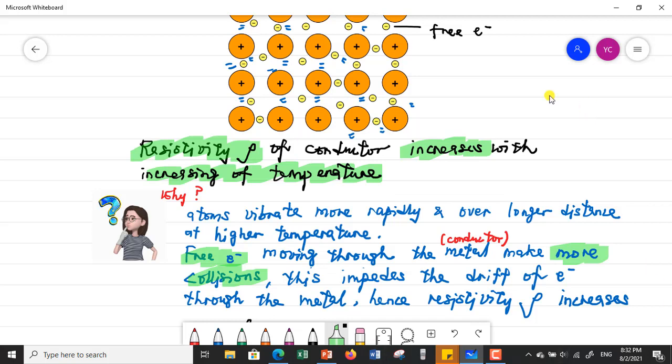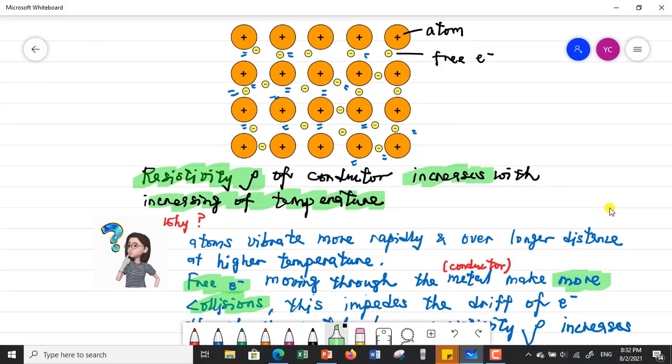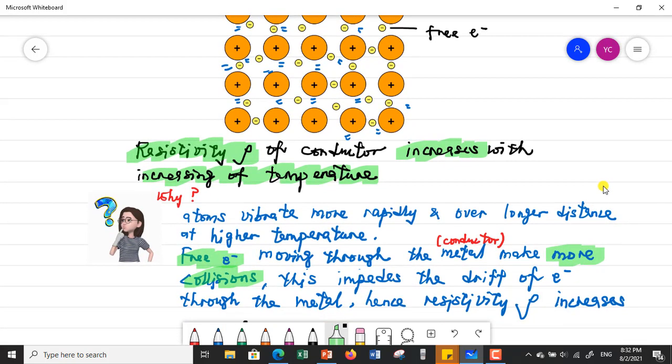As the electrons try to move in order to produce current, they might collide with the atoms that vibrate eagerly. This will impede the drift of the electrons. So the collisions will slow down the movement of the electrons.